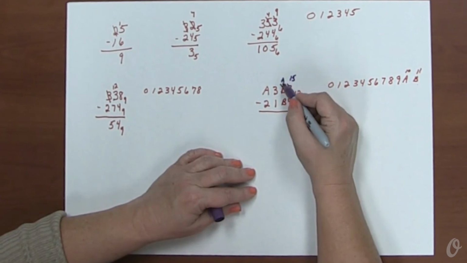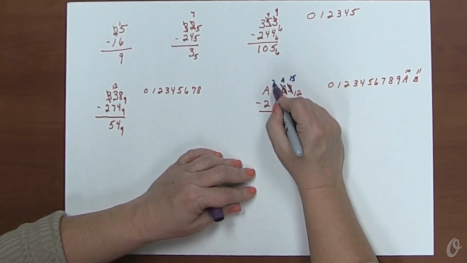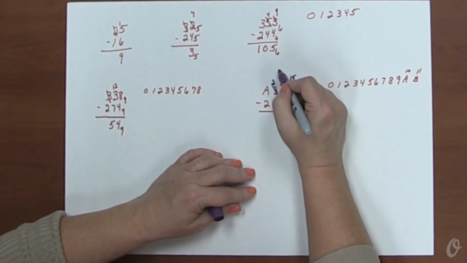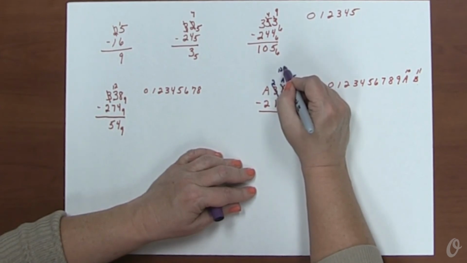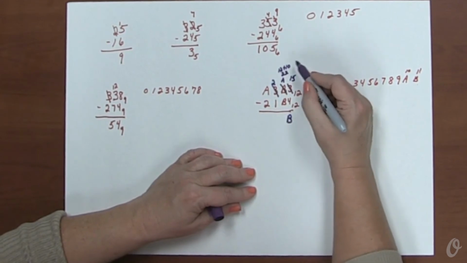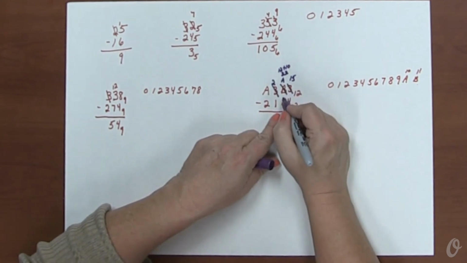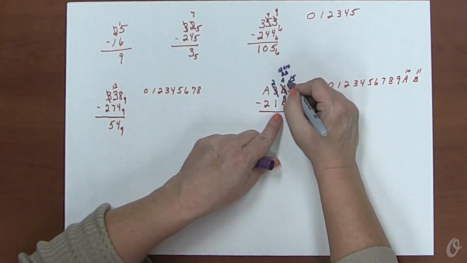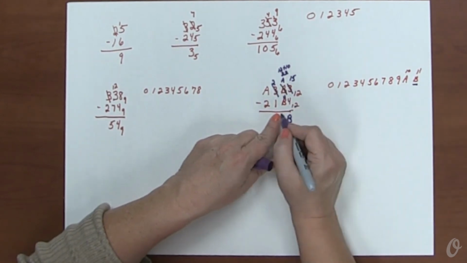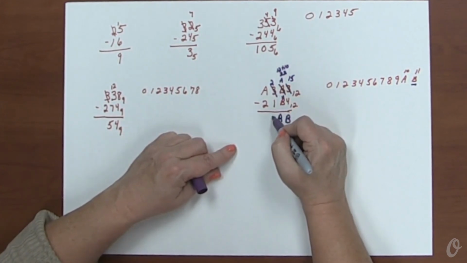Now here I have A minus B, so I'm going to have to borrow. When I borrow, I'm going to take that down to a 2. And when I borrow, I have 12, and A represents 10, so this is actually 22. 22 minus my B, the value of B is an 11, so 22 minus 11 is 11, and my symbol for 11 is a B. Now 2 minus 1 is 1.